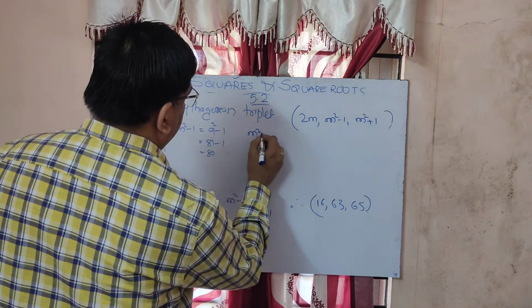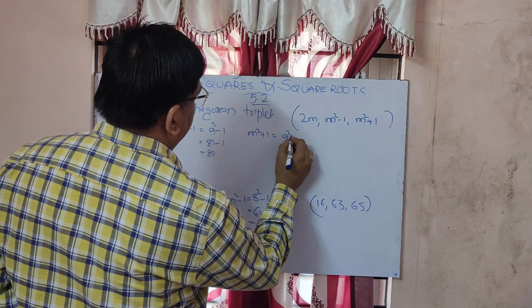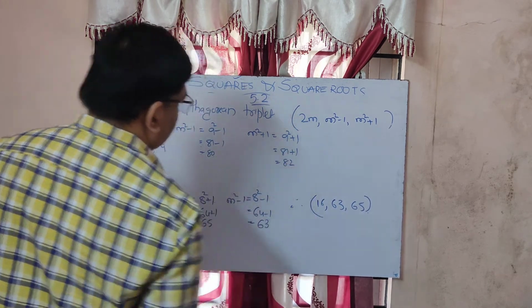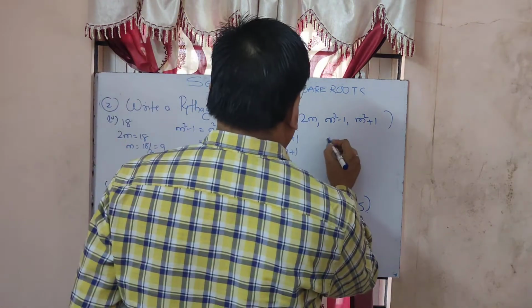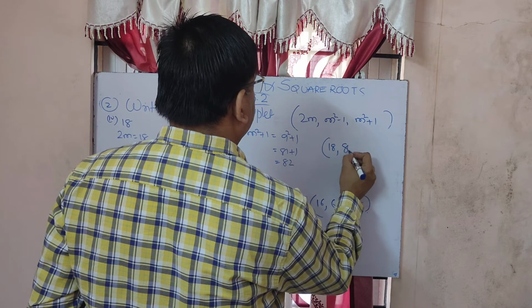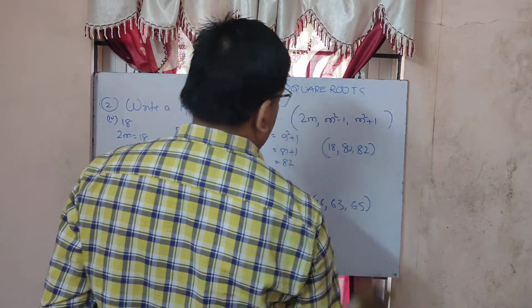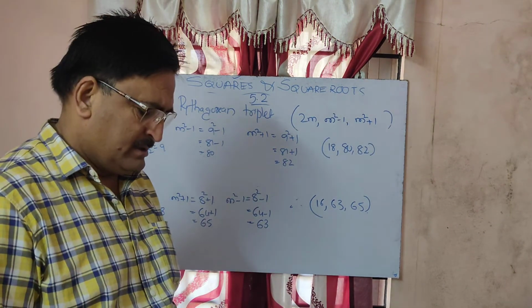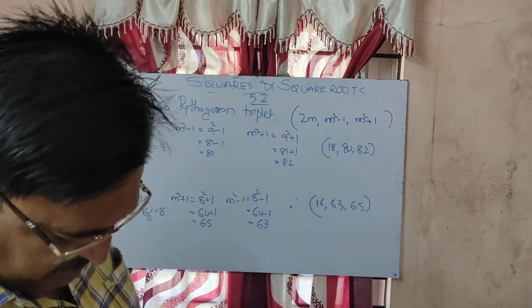Next one is m square plus 1, that is 9 square plus 1, that is 81 plus 1, that is 82. So you can write the Pythagorean triplet. The first one is 18. The second one is 80. The next one is 82. So this is how a Pythagorean triplet can be found.